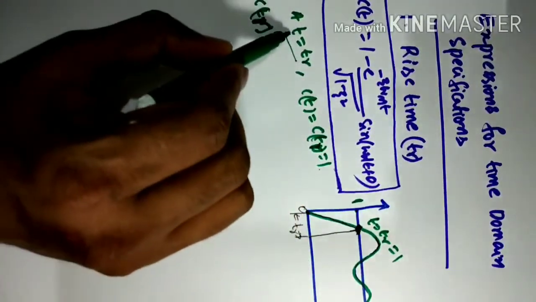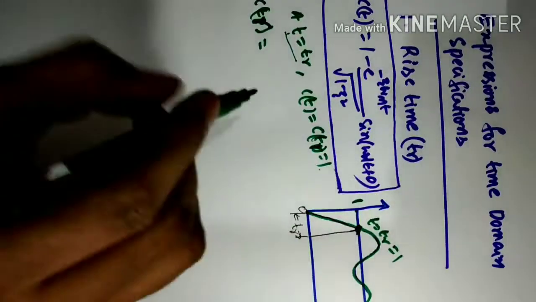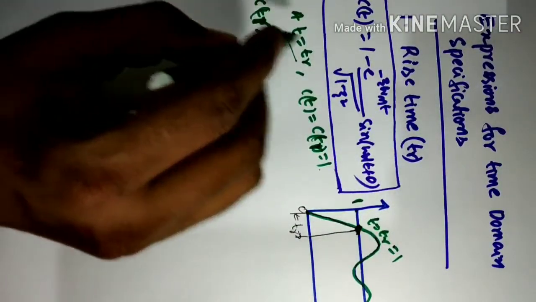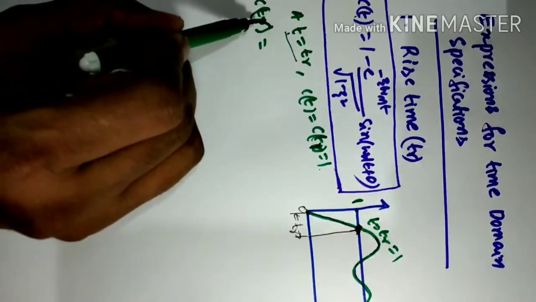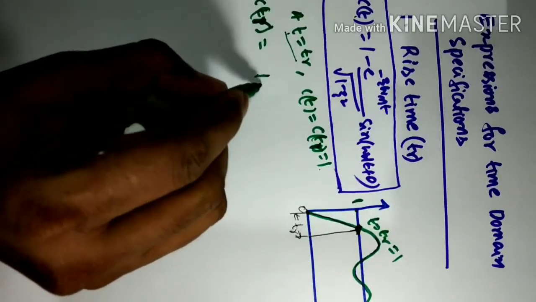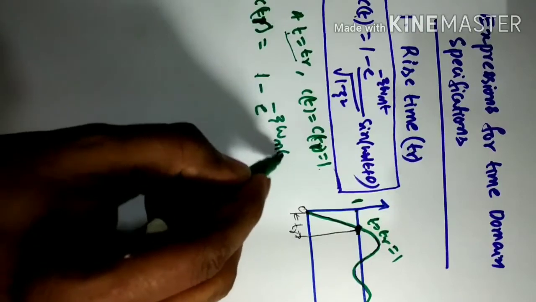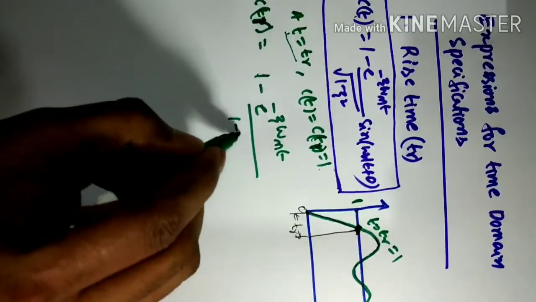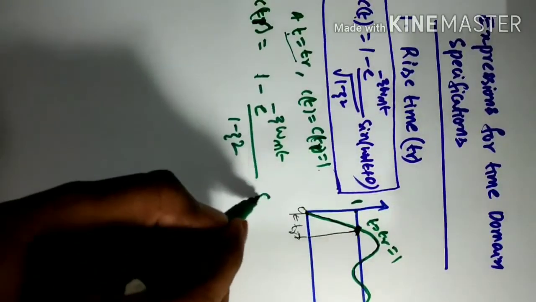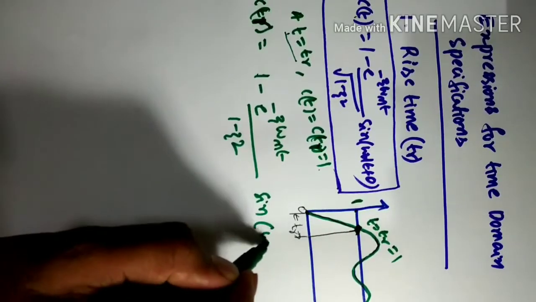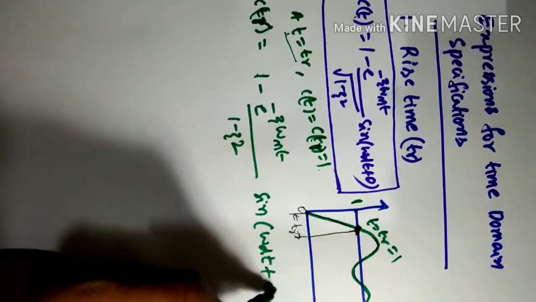Wherever t is there, we substitute TR. So in place of t I substituted TR. So what is the equation? 1 minus e raised to minus zeta omega n t by root 1 minus zeta square, sine omega d t plus theta.